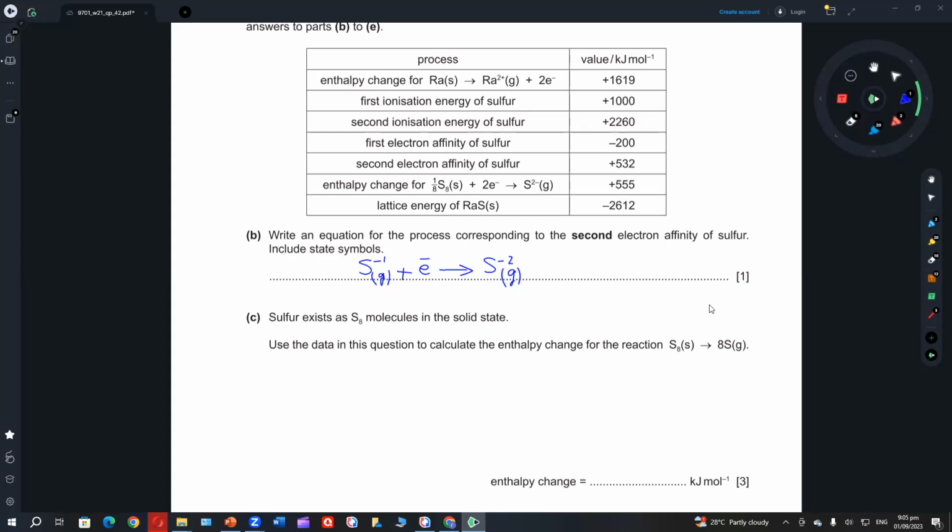No. Do you think it's a type of atomization? Yes. Good.